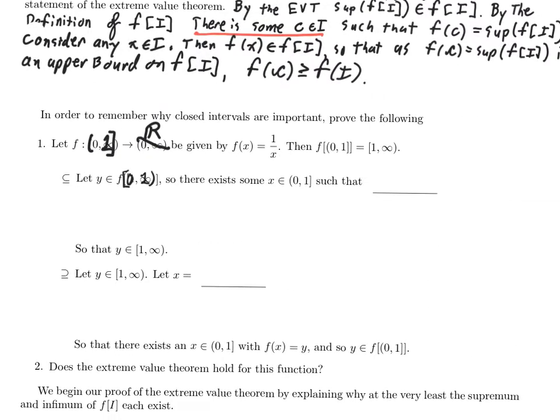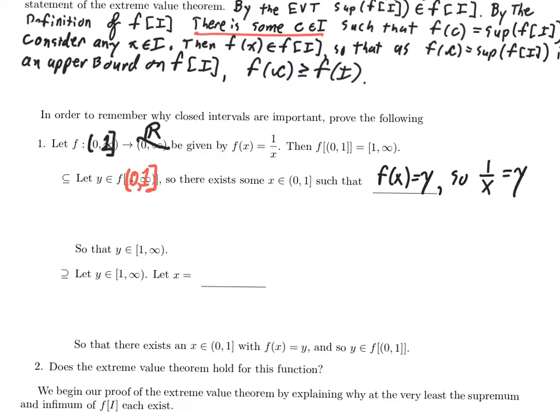Then by the definition of f of (0, 1], it follows that there exists some input x in the interval (0, 1], excluding 0 and including 1, with f of x equal to y. So 1 over x is equal to y.